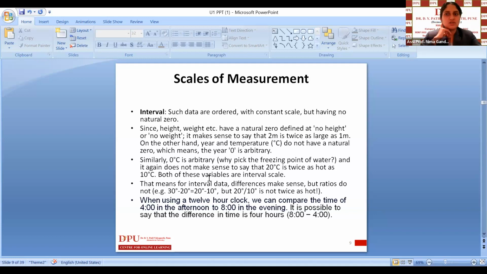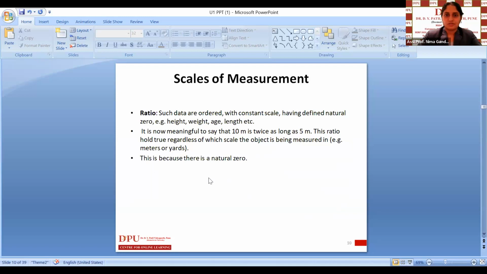So when natural zero does not exist, you can say the difference between 10 degrees Celsius and 20 degrees Celsius is 10. But you cannot say that 20 degrees Celsius is twice as hot as 10 degrees Celsius. You cannot say such things. You can say 10 meter is twice longer than 5 meter, because here the natural zero exists.